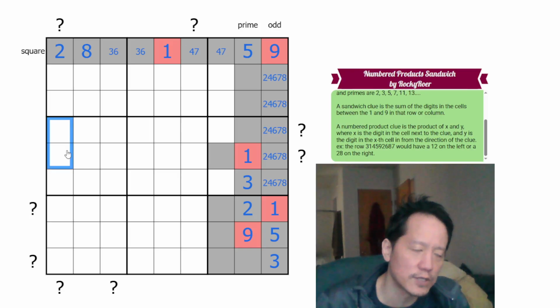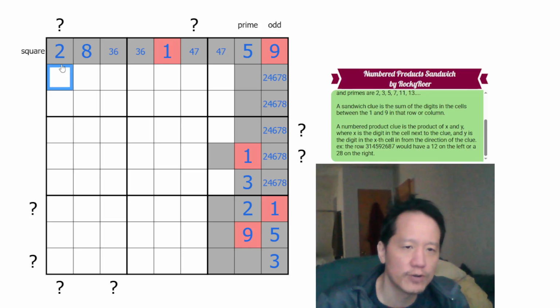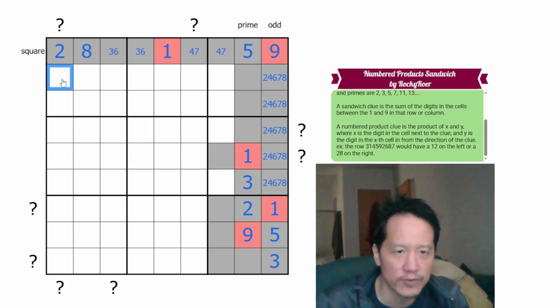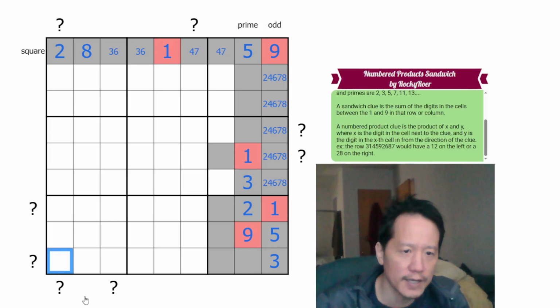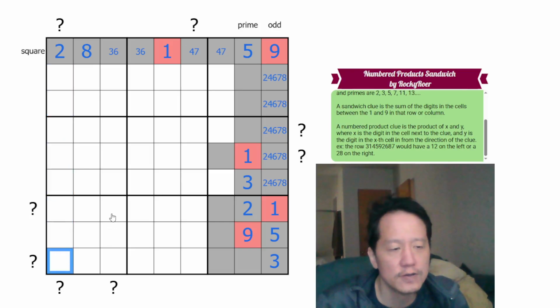So there's no sandwich that works there. You could have potentially 2, 4, and then 8, 1, but the problem is then 1 and 4 would both have to be here, which is not allowed. And it can't be 1, 8, obviously, because the 1 would have to be multiplied by itself. So that doesn't work either.